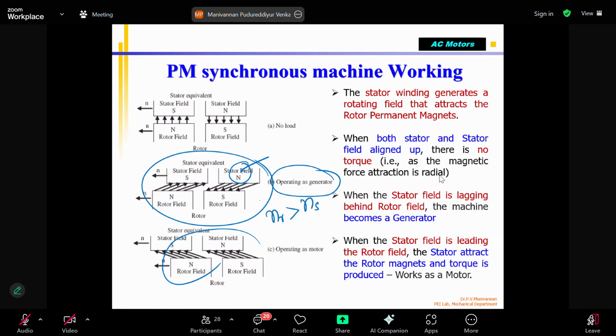So that's what we are talking about. So that means the permanent magnet synchronous machine can work as a motor as well as a generator, depending upon whether the rotor is trying to catch up with the rotating magnetic field or the rotor is moving ahead of the magnetic field. That's what I have to say. And I stop here.